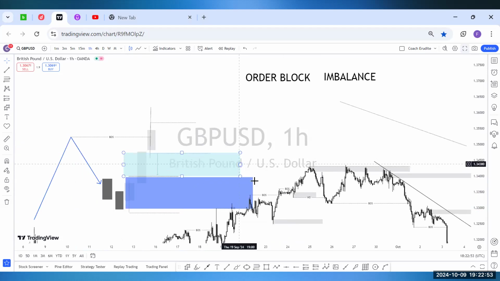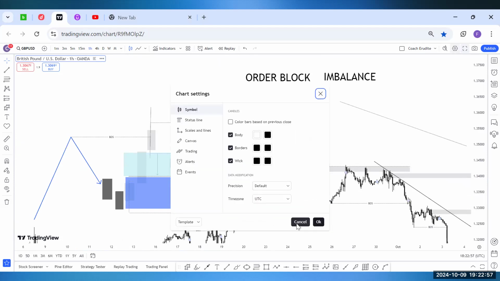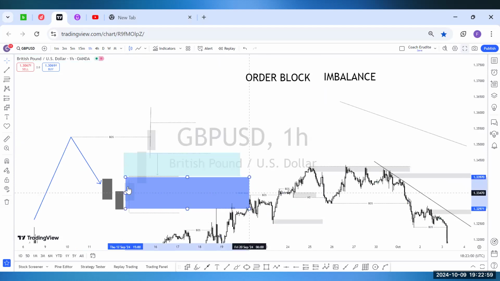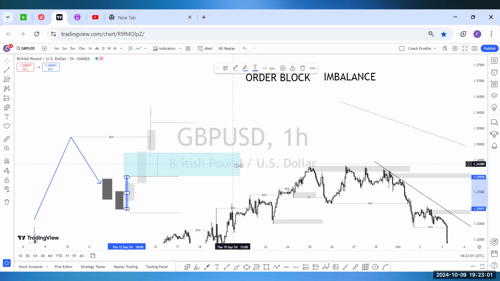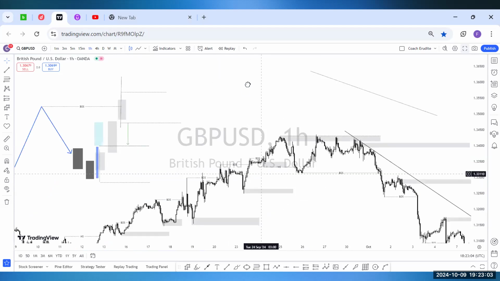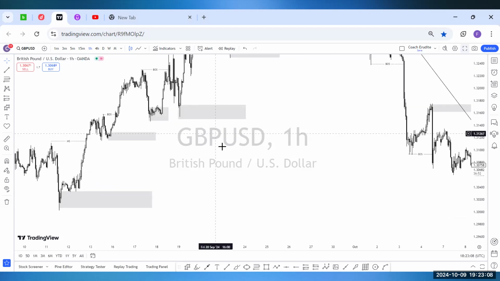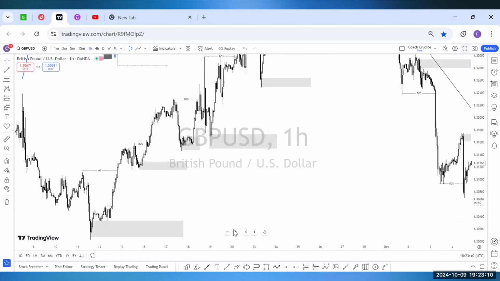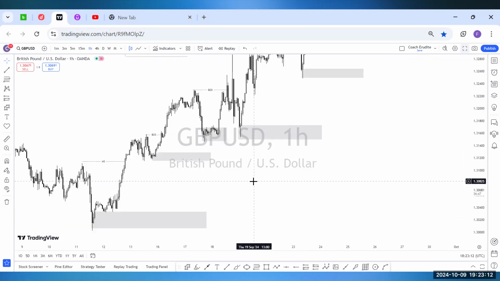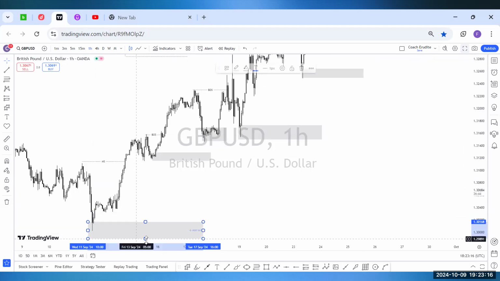So now, let's go to our charts to identify valid order blocks and order blocks that are not valid. Now, like I said, this week is an order block, right?